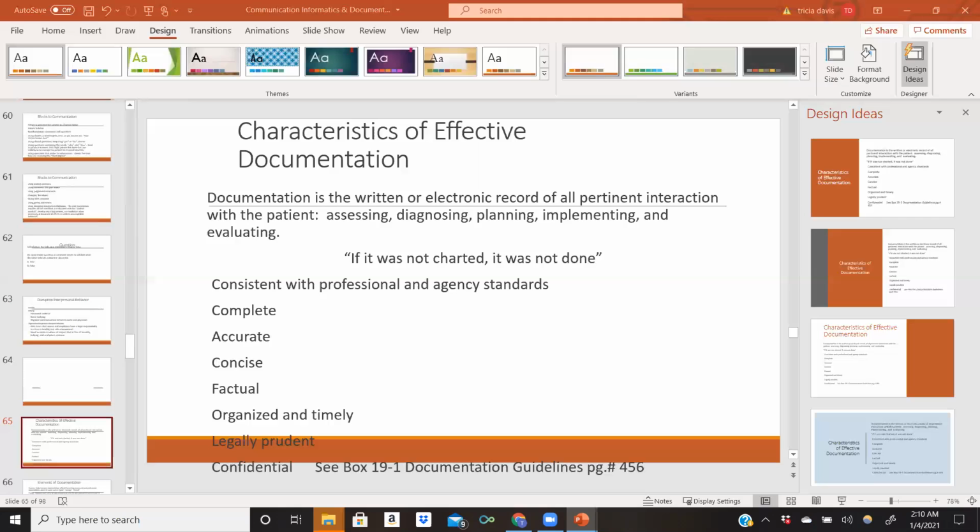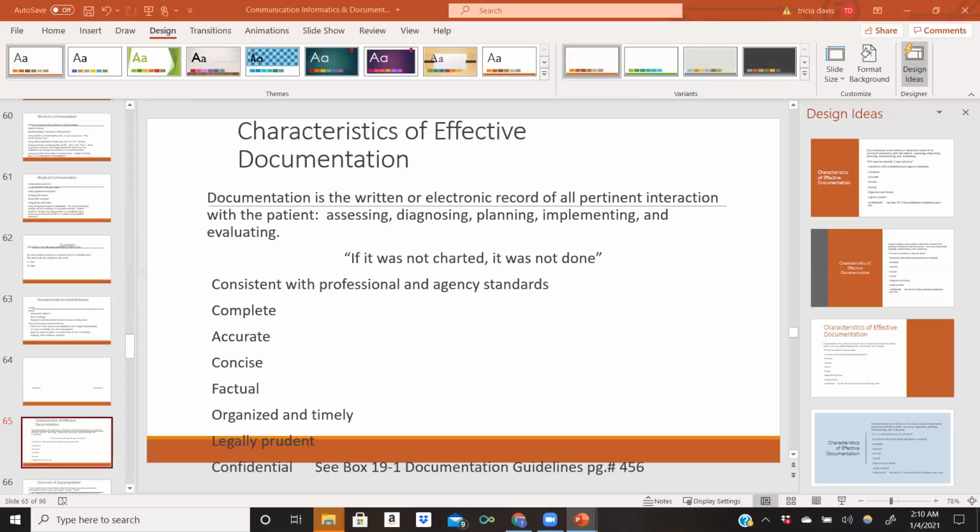So if you have a list of 15 things that need to be documented each day, each thing should be documented each day, and every box should be checked and every requirement should be complete. It should always be accurate. It should be the most accurate data. You want to make sure that you're assessing that patient every single day. If you work 3 days in a row, you don't want to document today what you saw or heard yesterday. Things change and your documentation is always in present time and it should be accurate.